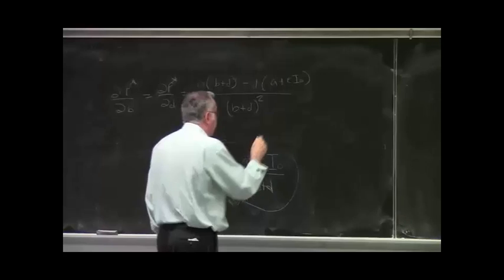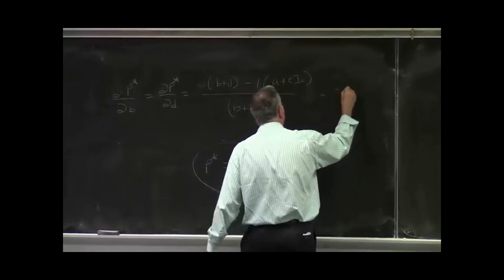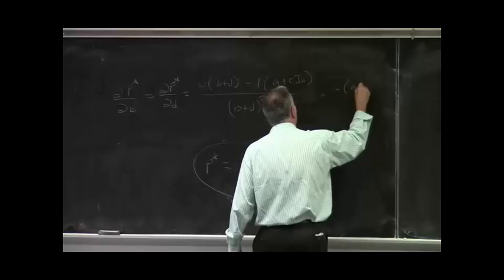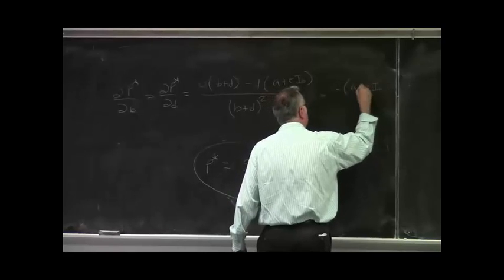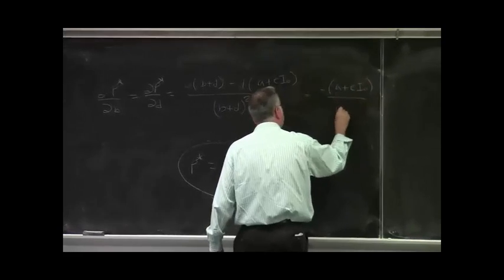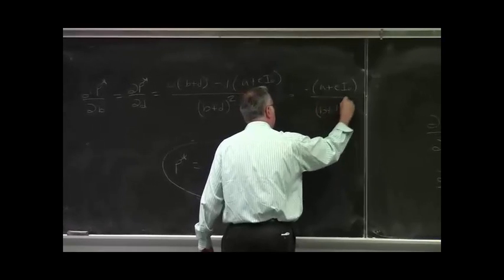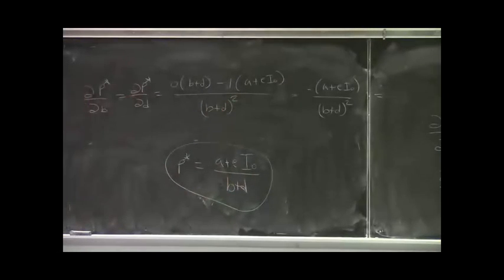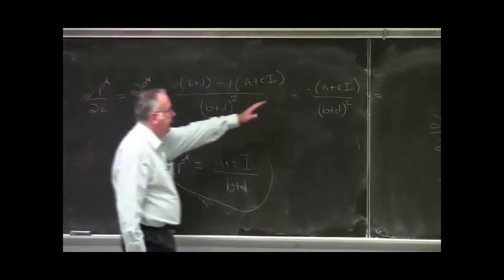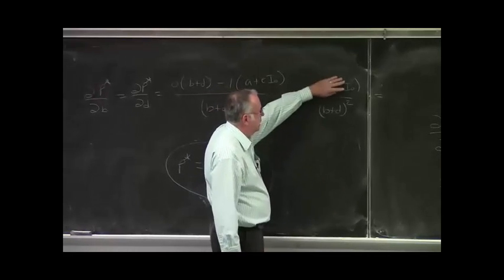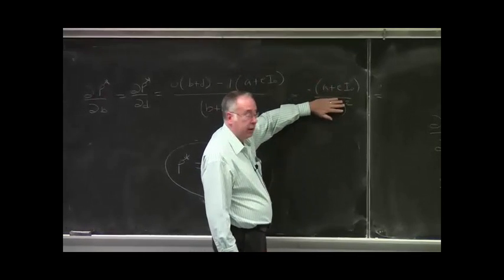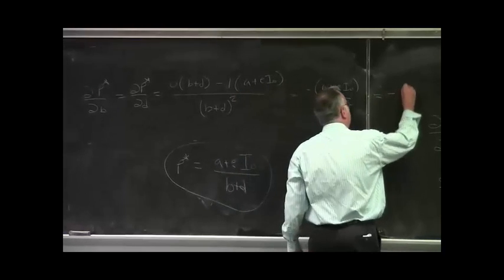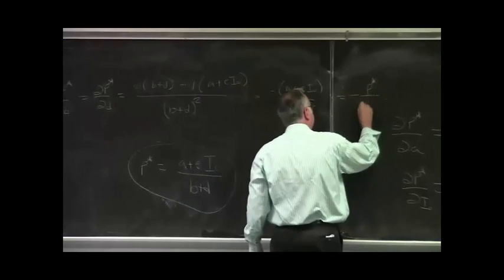So this will be minus A plus E I 0 over B plus D squared. Simplifying this, we could also write this as what? Yes. If you just take this, ignore the minus sign, this over one of these is just P star. So this is just minus P star over B plus D.